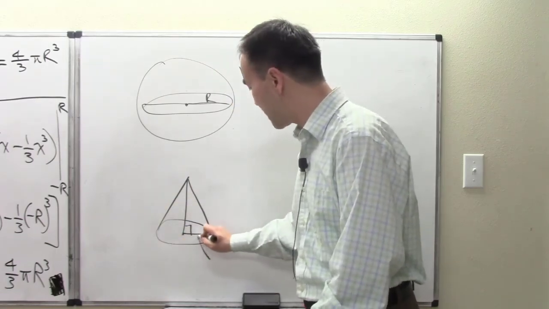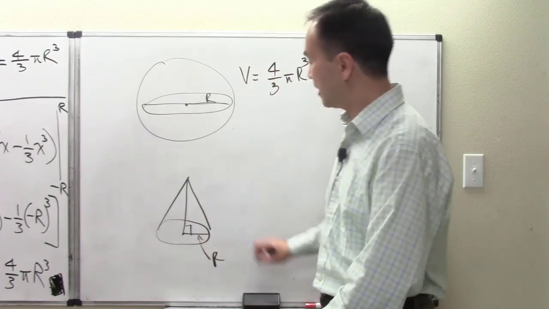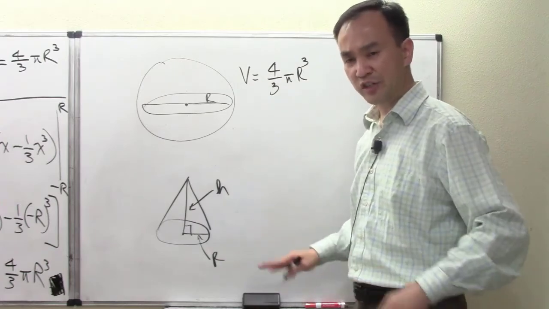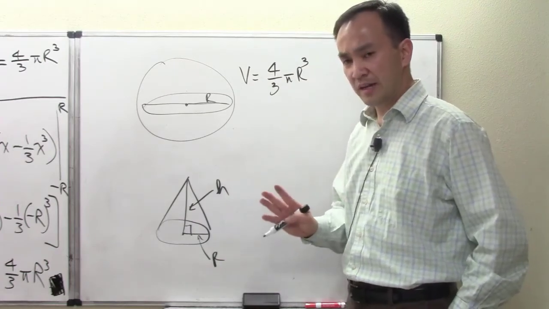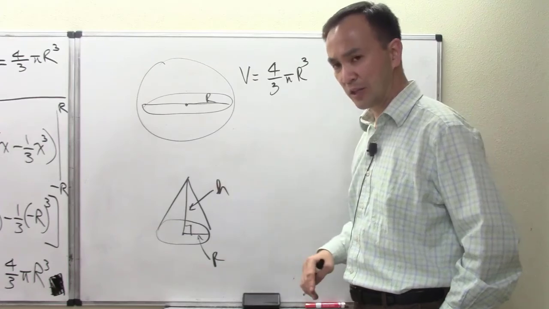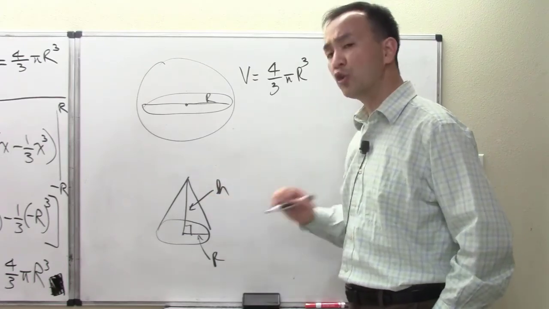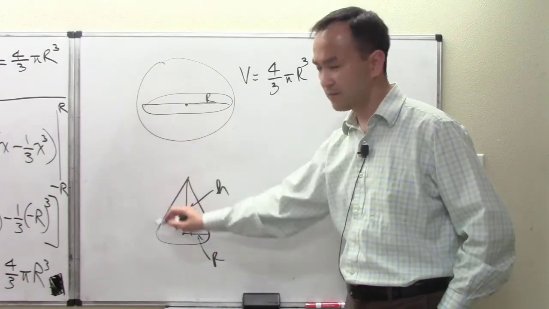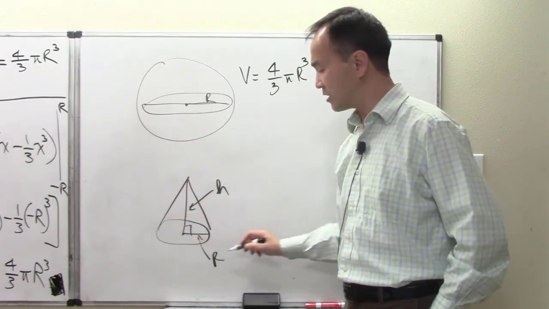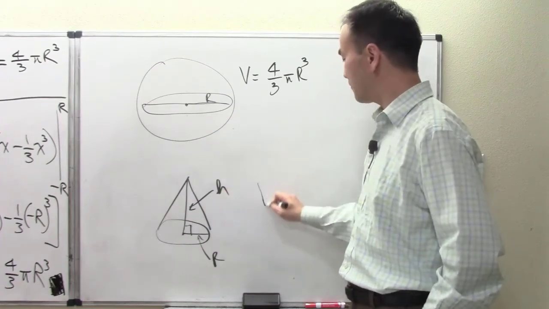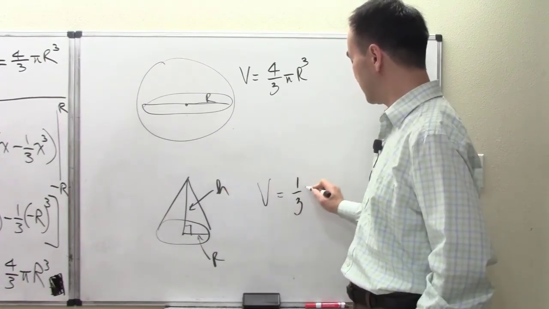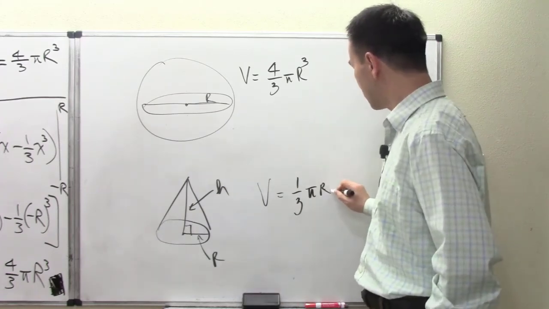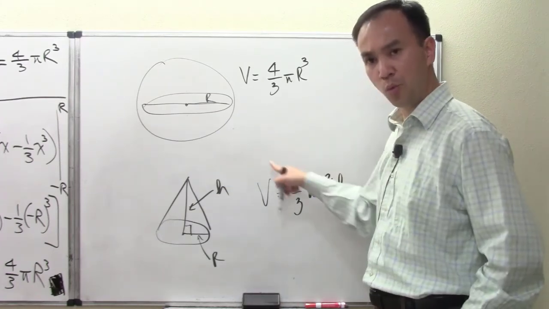This base circle has radius r, and this is the height. In high school geometry, or any math course prior to calculus 2, we all know by heart that the formula to calculate the volume of a right circular cone like this is 1/3 pi r squared h. Okay, so why is that?